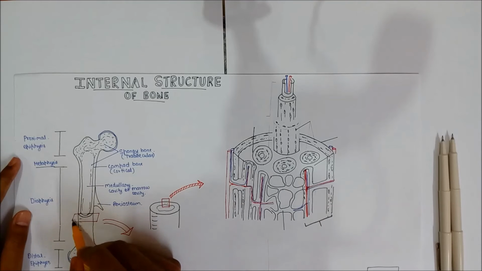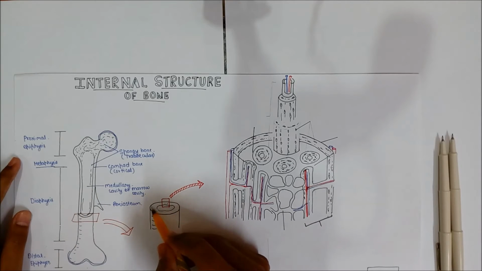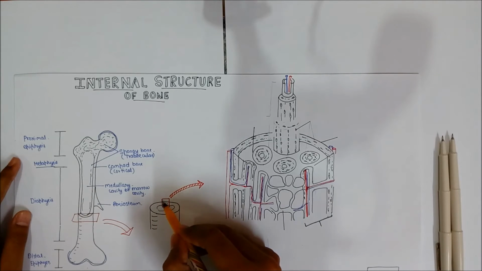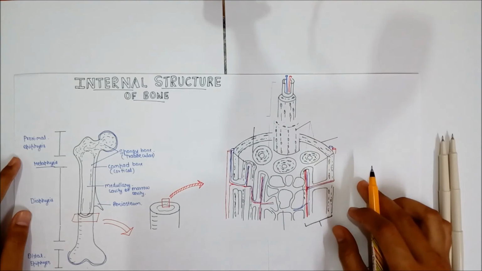Now let's take a cross section of this long bone, and this is how it will appear. When we zoom into this region of compact bone and spongy bone, this is how it will appear.